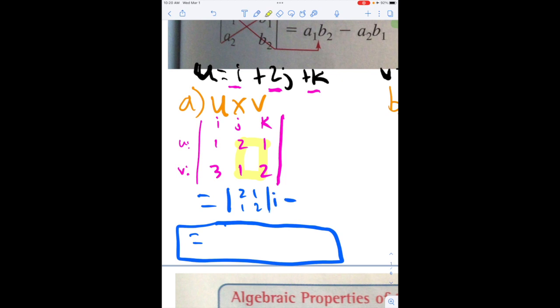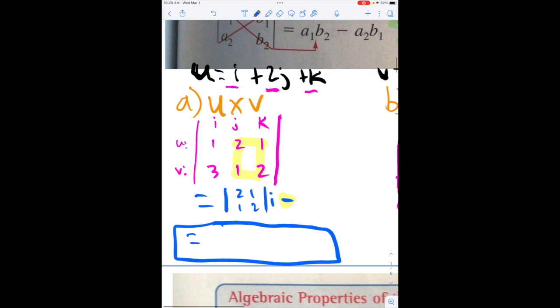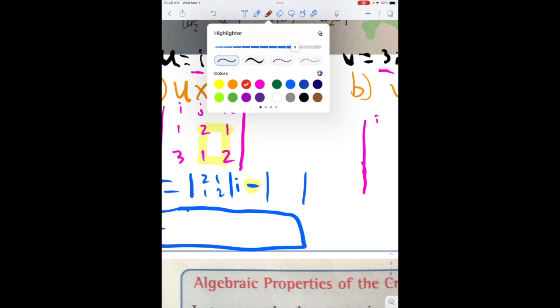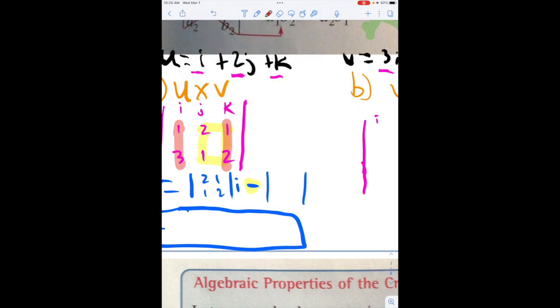The first term is minus. For J, I'm going to use the columns I and K, so I have 1, 1, 3, 2 for J. Between my second and my third term, I have to add. Then if I look at K, I'm going to use 1, 2, 3, and 1 for K.